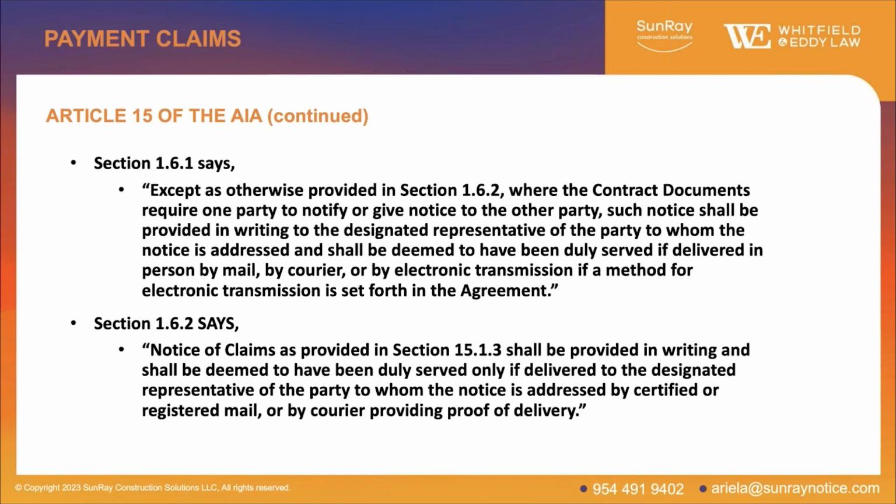But if you look at 1.6.2, it specifically addresses these notice of claims we just discussed in Article 15. It says the writing is only deemed served if you deliver it to, for example, the architect by certified or registered mail, or by courier providing proof of delivery.